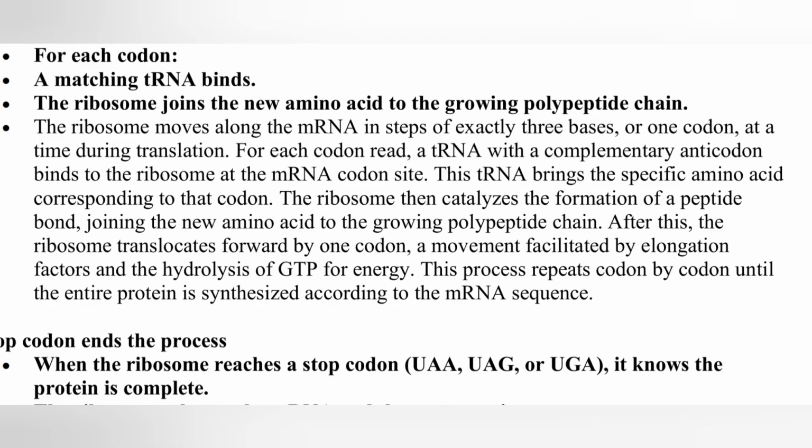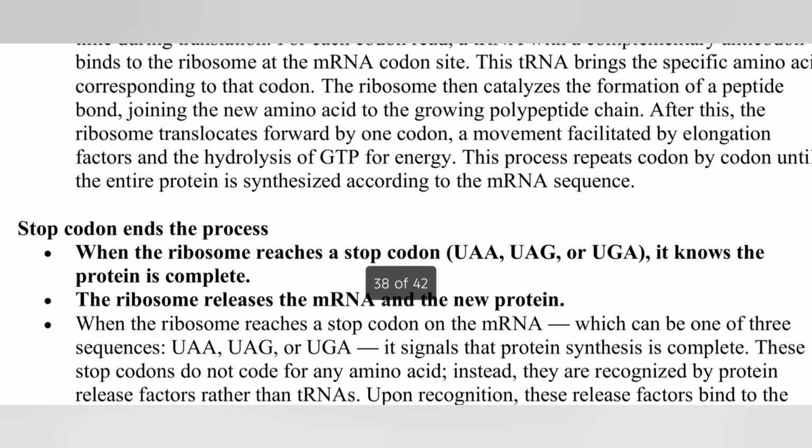This process of movement of the transfer RNA along the messenger RNA is known as translocation. So during the process of elongation, there is peptide bond formation, and also there is translocation.